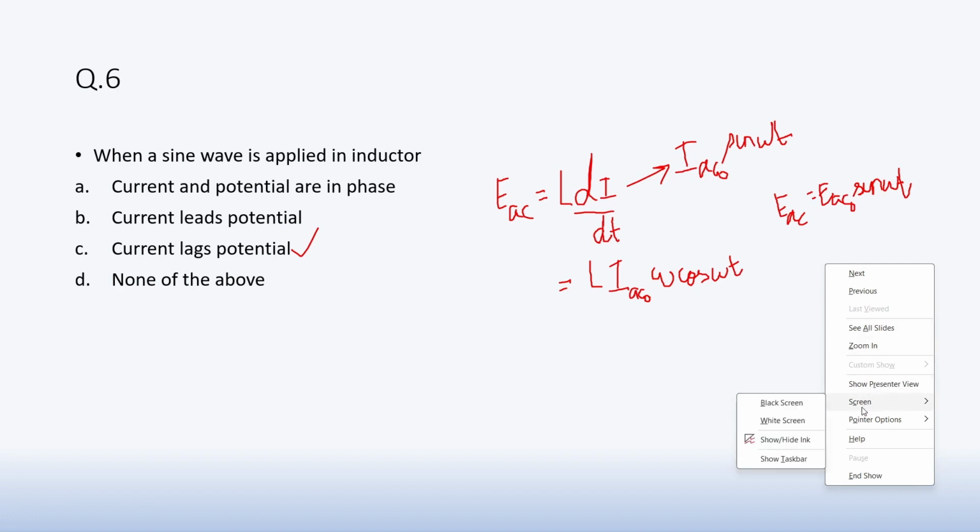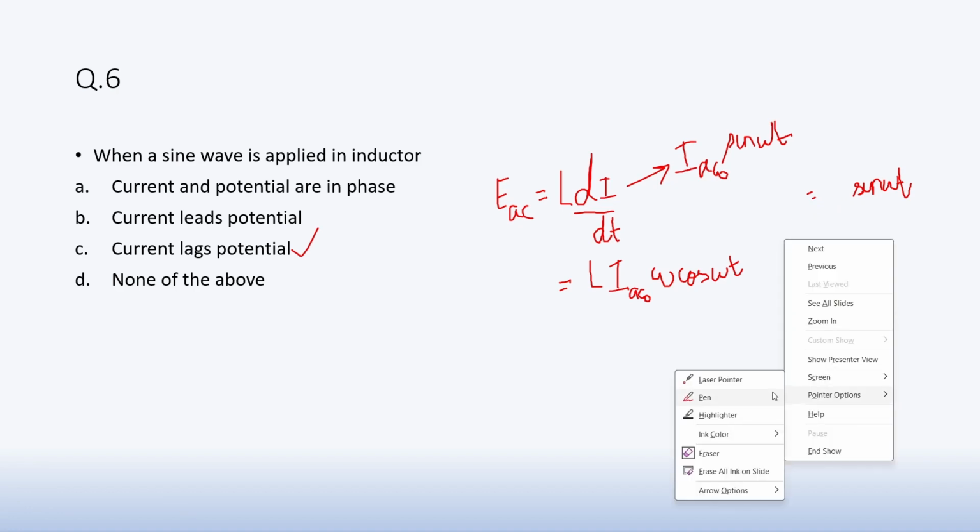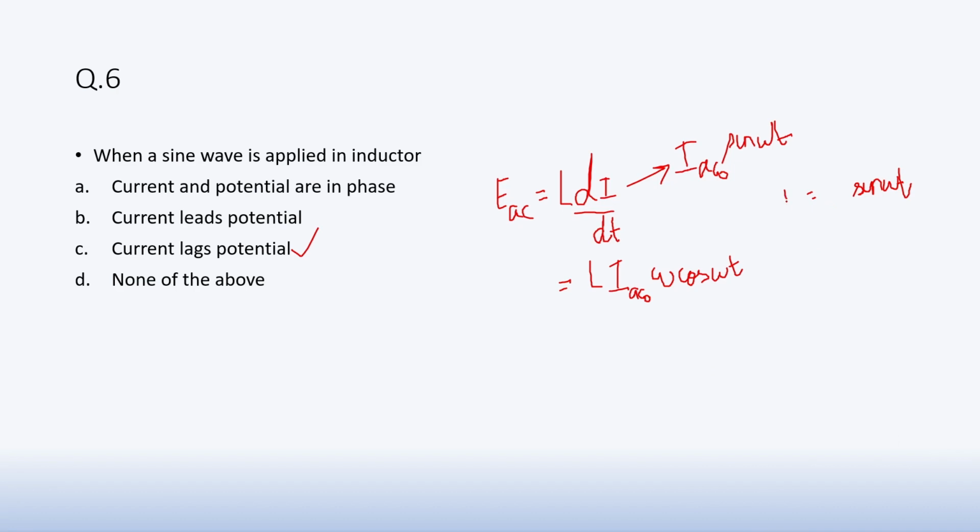I'm sorry, just wait. What I meant is, we are finding out the equation for E_AC, that's the potential. We already know that I_AC is I_AC naught sine omega t, right? So here I have expressed I in terms of a sine wave.